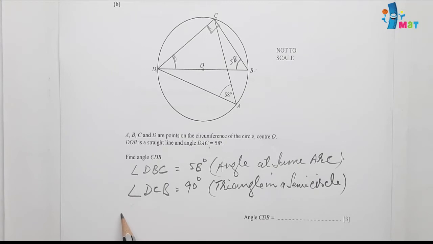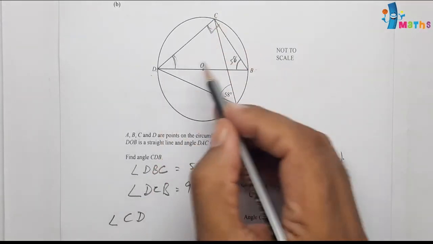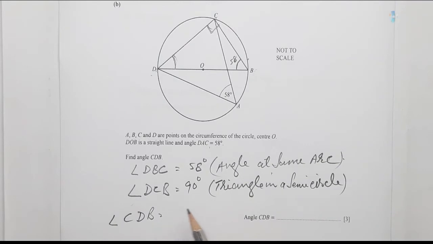And now we can write angle CDB will be equal to 180 minus 58 plus 90.